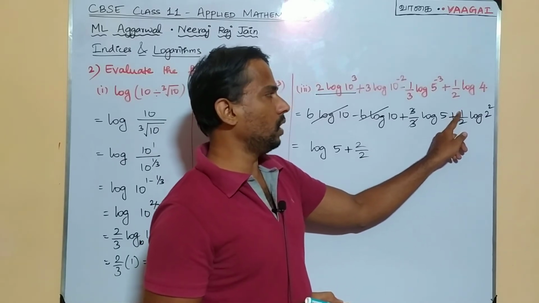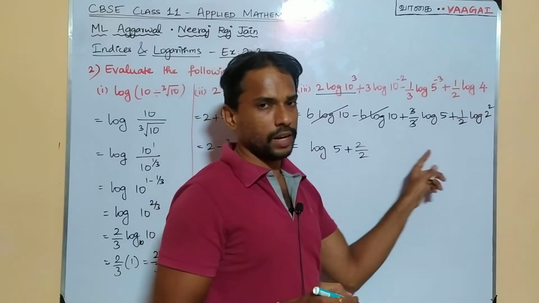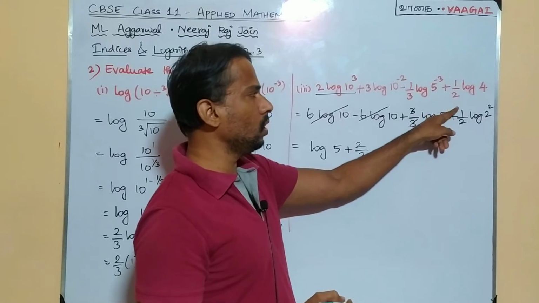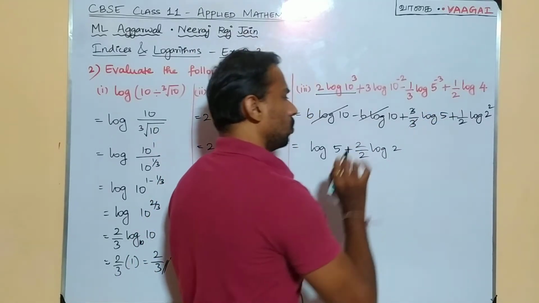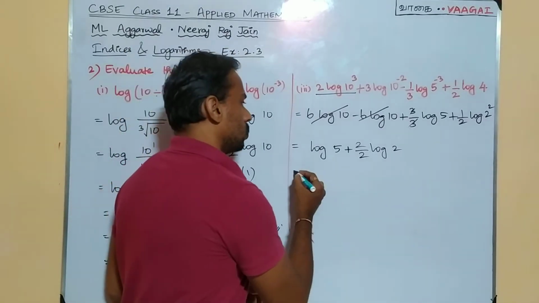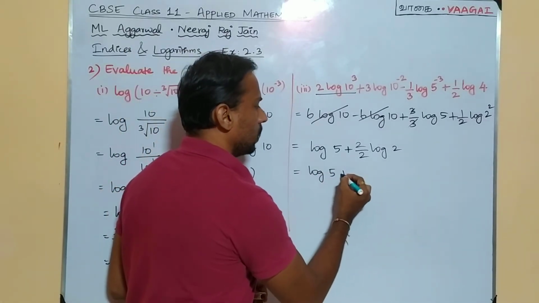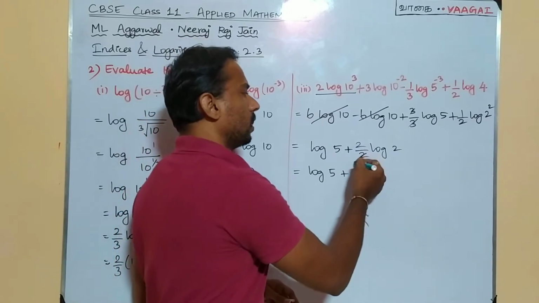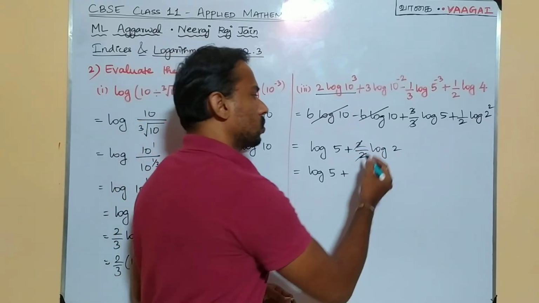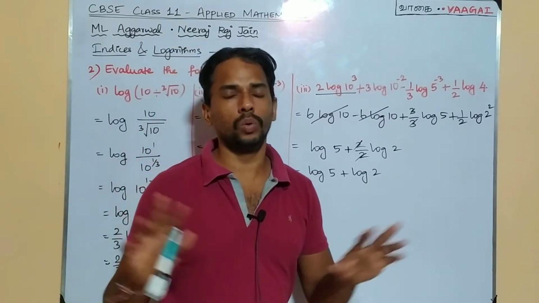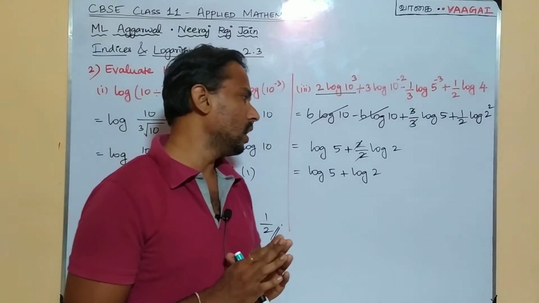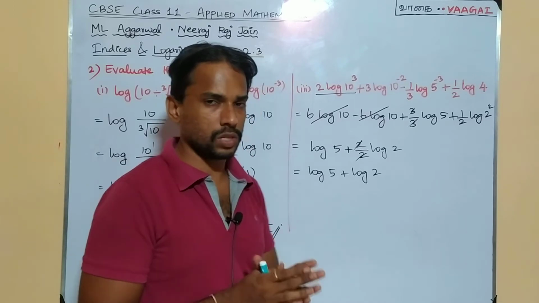So 1 into that 2, which is 2 by 2 log 2. Now log 5 plus, this 2 by 2 I can cancel. So I will have log 2. Finally I got log 5 plus log 2. This is all I am left with. So this is going to be the simplified expression.